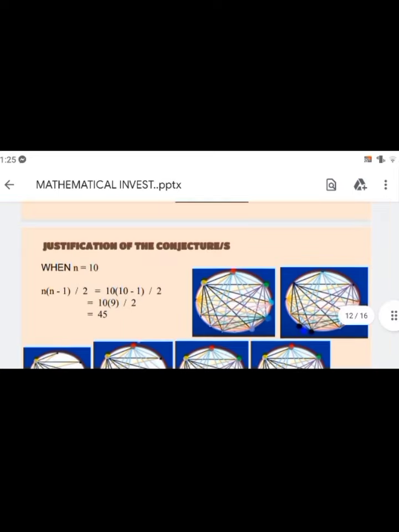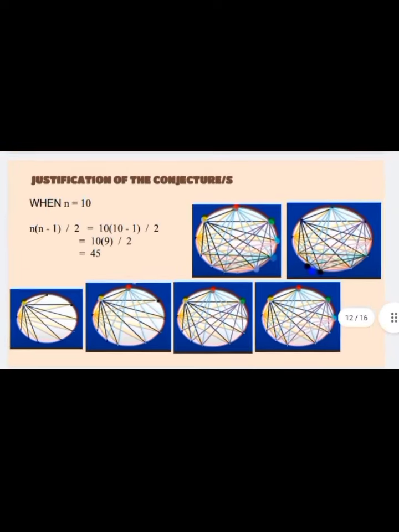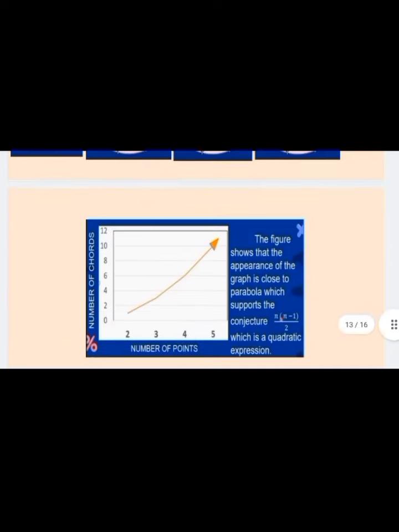So we got 45. We proved that in 10 points, we can make 45 chords in the circumference of the circle.